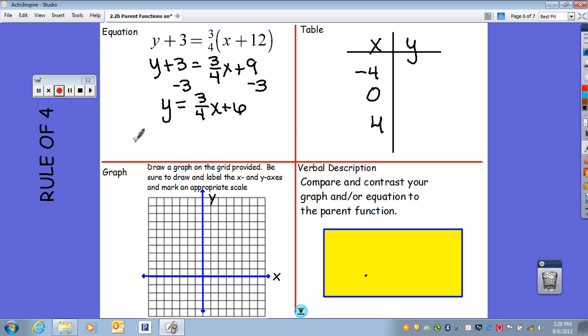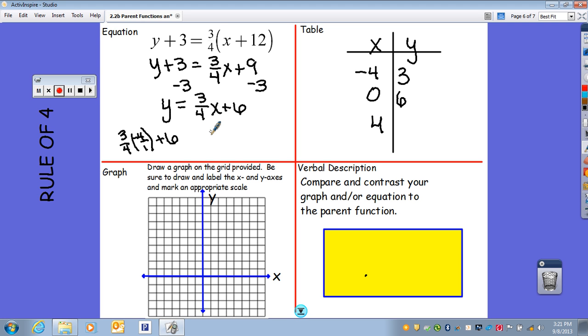So when I plug in a negative 4, I'm going to take 3/4 times negative 4 over 1, which gives me negative 12 over 4, which is negative 3. And negative 3 plus 6 would be 3. When I plug in a 0, 3/4 times 0 is 0, plus 6 would be 6.